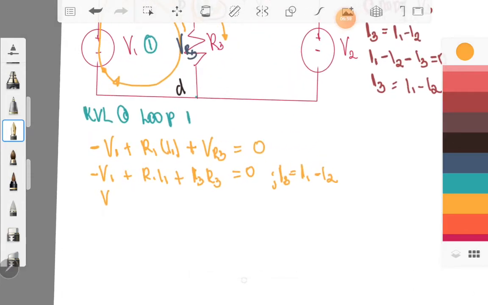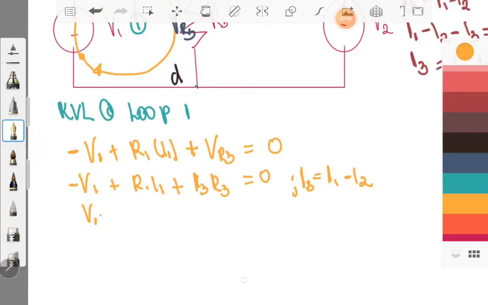So we have V1, which I transpose to the other side, equal to R1 multiplied by I1 plus I3, which is I1 minus I2, multiplied by R3; no 0 here because we transposed it.